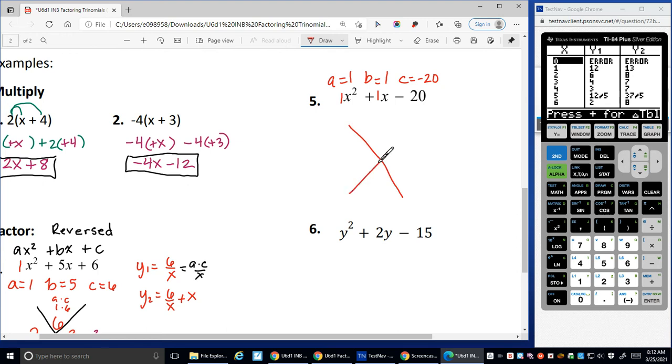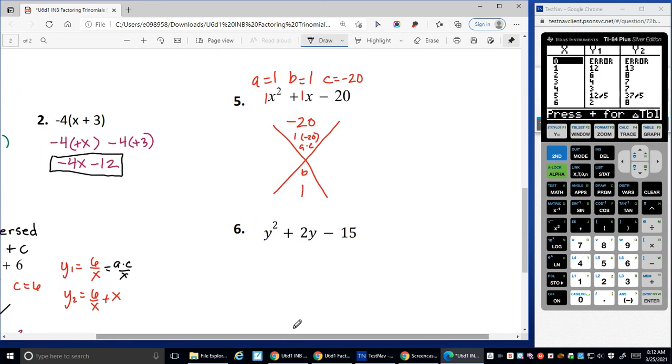Let's do our X. B goes on the bottom, right? And A times C goes on the top, everything else, right? So B is 1. A times C is 1 times negative 20, which is negative 20. I'm going to write my equations.